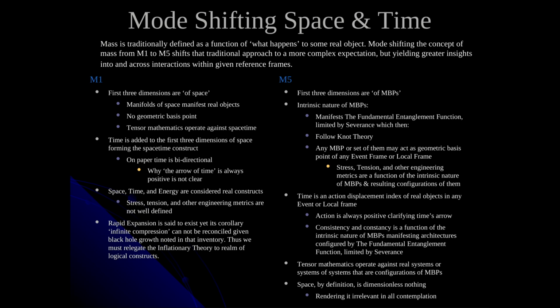And so what we need to do is shift our thinking away from the medium and onto the real object. And what is the architecture of that real complex composite configuration of MBPs? How are they made manifest? How do those kinetics come alive? How does that fit into the fundamental entanglement function limited by severance, following knot theory, etc.?